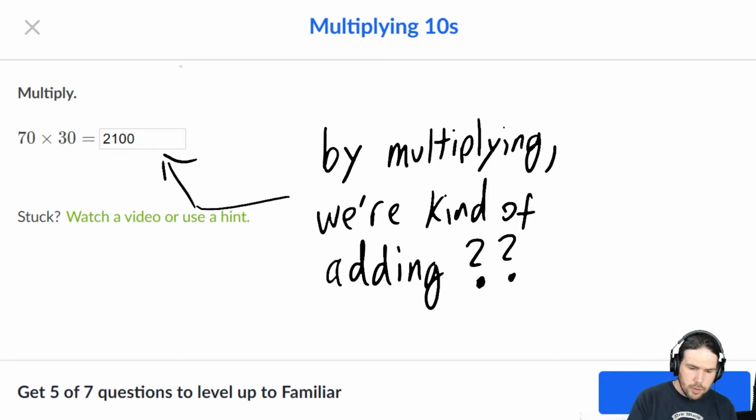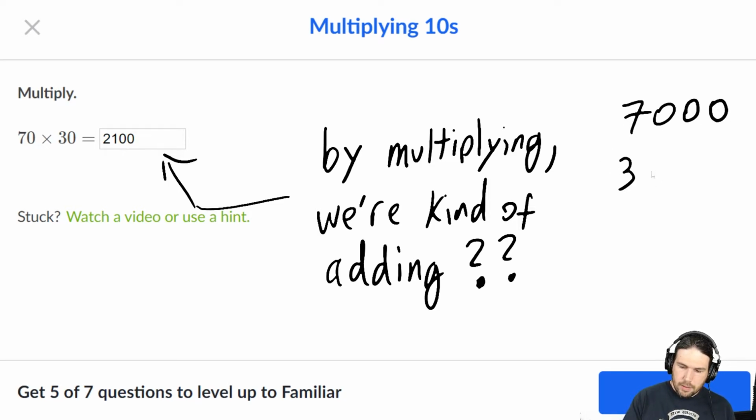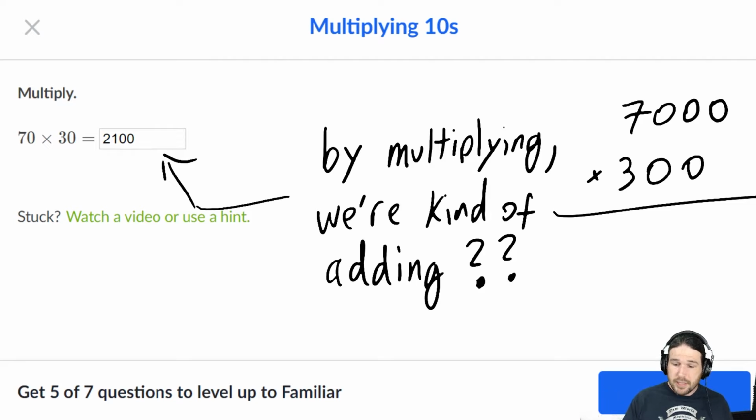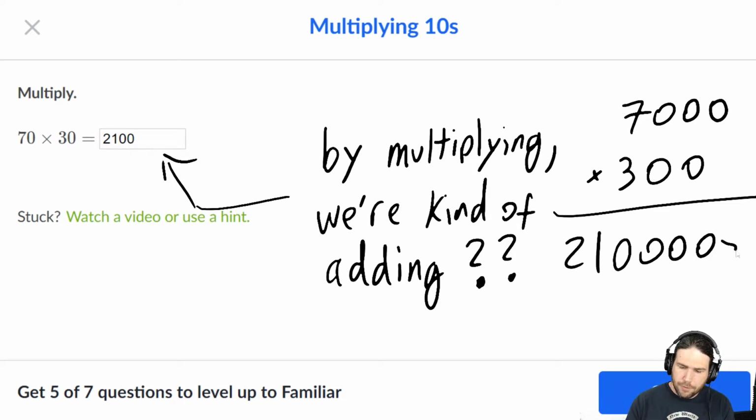If I was to do, for example, 7,000 times 300, the answer is still the same, 21, and then I just count up the zeros. 1, 2, 3, 4, 5. I end up somehow adding the zeros, even though I'm not adding, I'm multiplying.